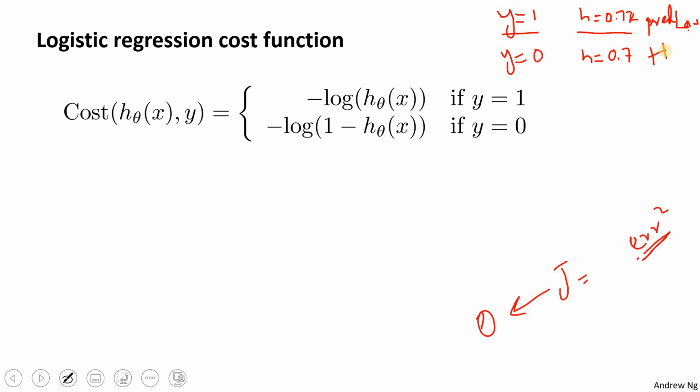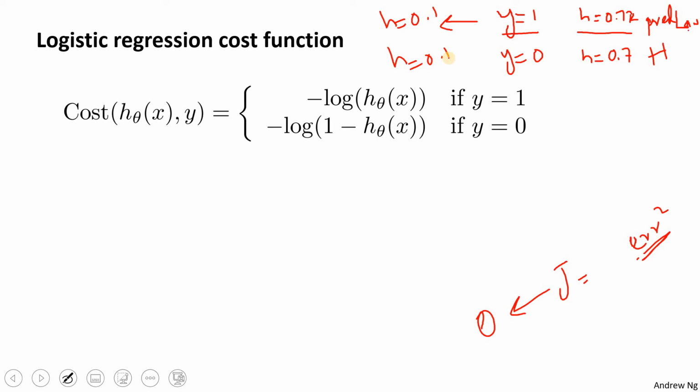The same is the case on the other side. What is the other side? If the y value is 1 and I predict it to be 0, so I have a prediction of 0.1, for example.